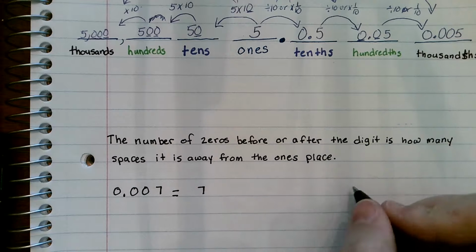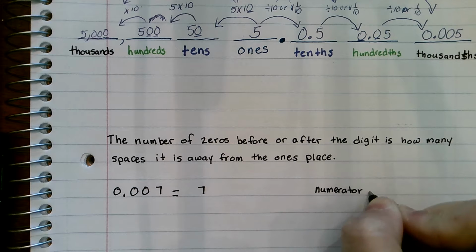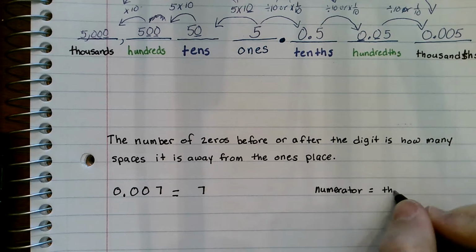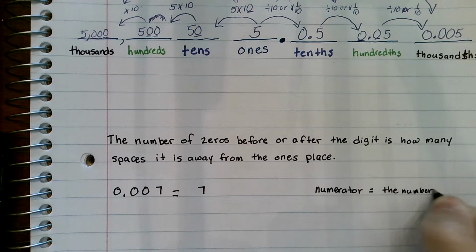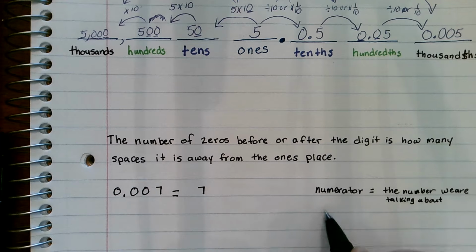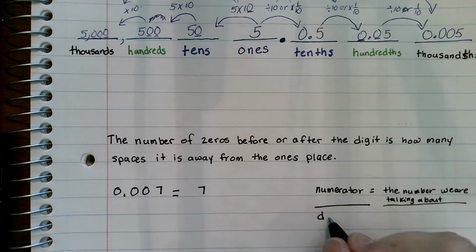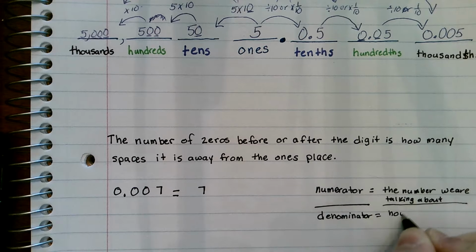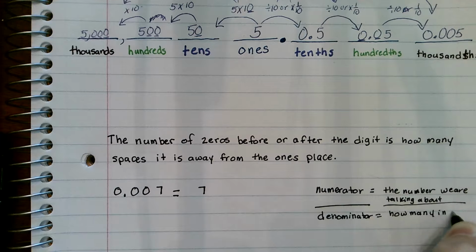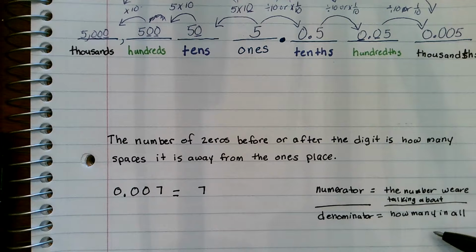Because remember, when we're talking about fractions, the numerator is equal to the number we are talking about, and the denominator is how many in all, or the numerator out of the denominator.